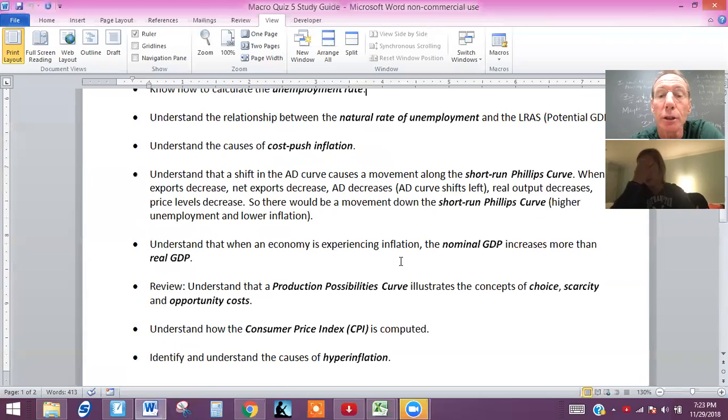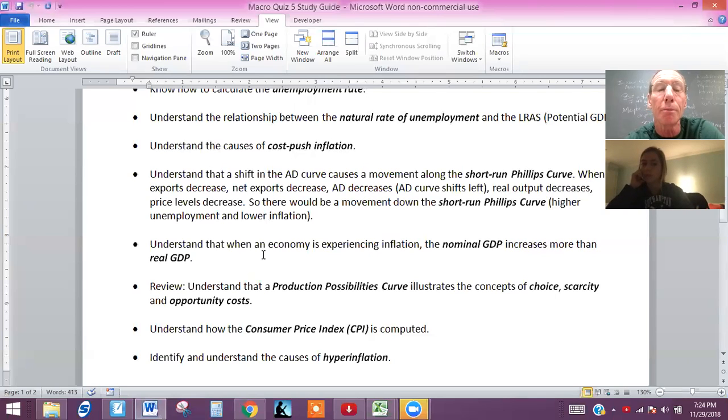Okay, we're almost done. So what you're going to see on the quiz is a table with numbers. You're going to see dollar amounts for real GDP and dollar amounts for nominal GDP, right?